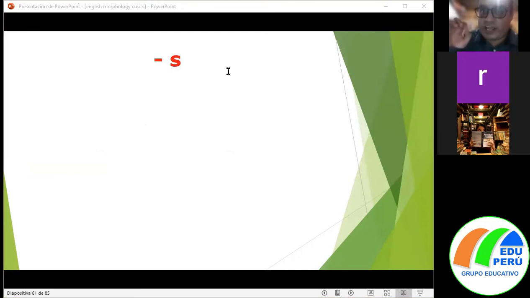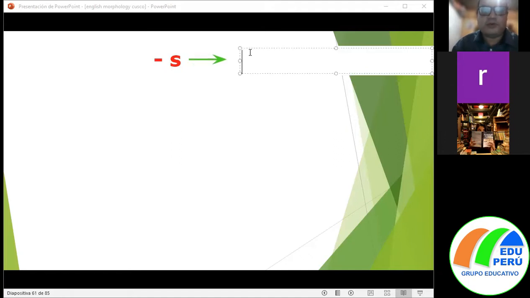We use the letter S, right? It has a meaning, so this is a morpheme. What is the meaning of the letter S? Plurality. Okay, so we are going to express plurality.